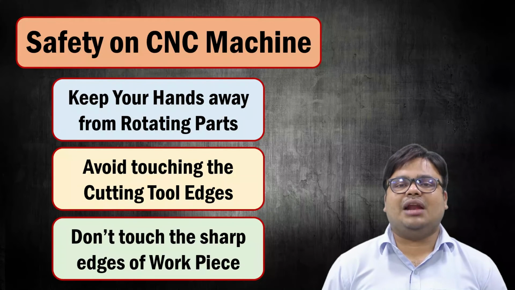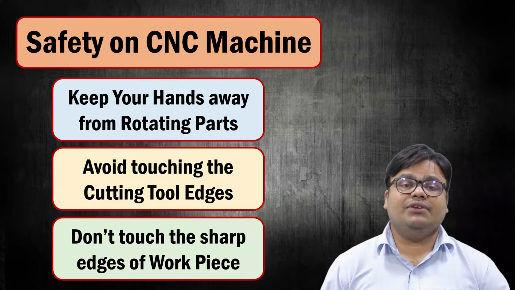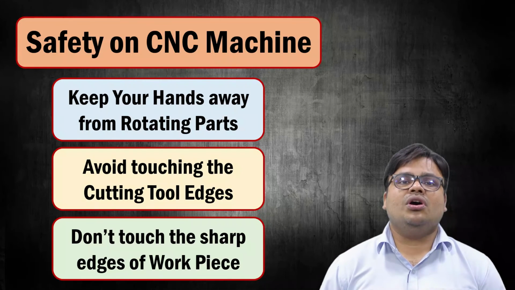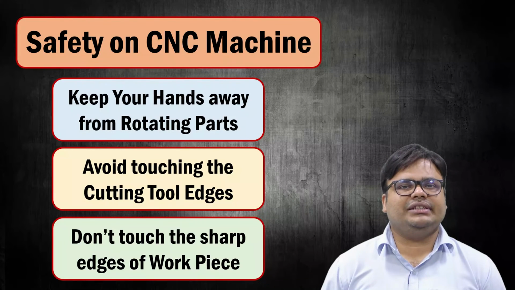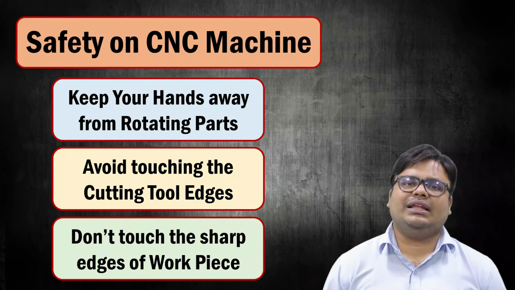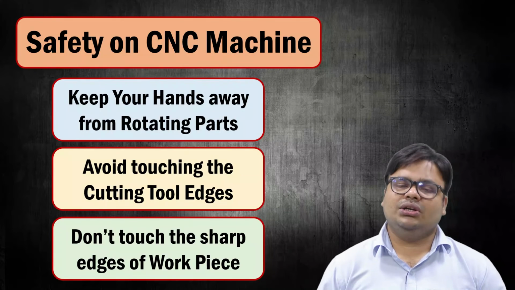Don't touch the sharp edges of the workpiece either. As I told you, a newly machined job will have sharp edges, so don't put your finger on them, as they may cut your fingers or hand.